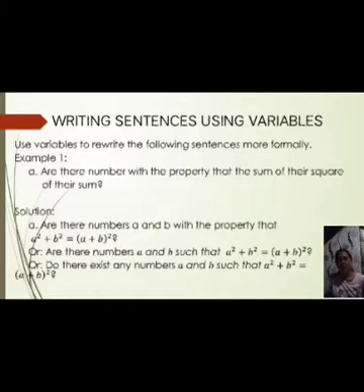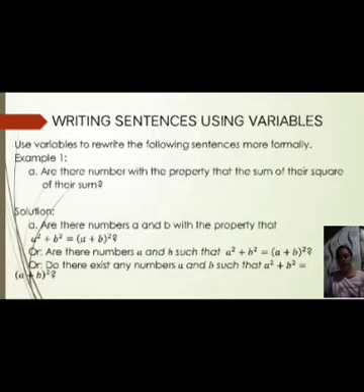For example, are there numbers A and B with the property that A squared plus B squared is equal to (A plus B) squared? That is a phrase represented in variables.